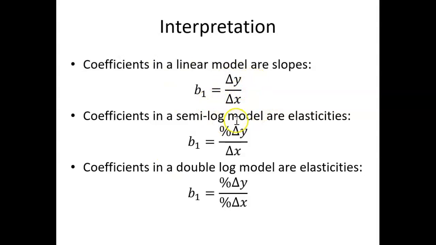But with a semi-log model, the slope coefficient B1 is interpreted as the percentage change in y when the independent variable x changes by one unit. Okay, in a double log model, the coefficients are elasticities. So the slope coefficient is interpreted as the percentage change in y divided by the percentage change in x.